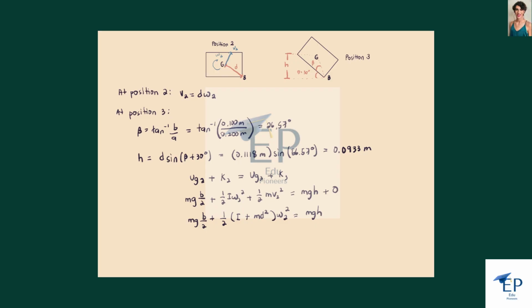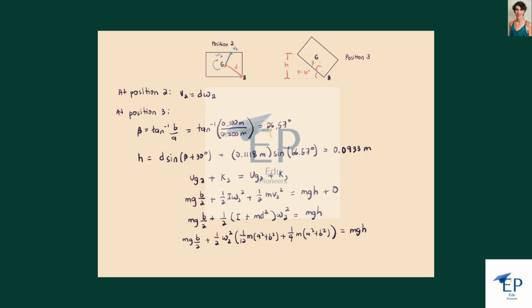Substituting the equations for I and d, this becomes mg b over 2 plus 1/2 omega 2 squared times 1/12 times the mass times a squared plus b squared, plus 1/4 m, this is for d, a squared plus b squared, equals mgh.